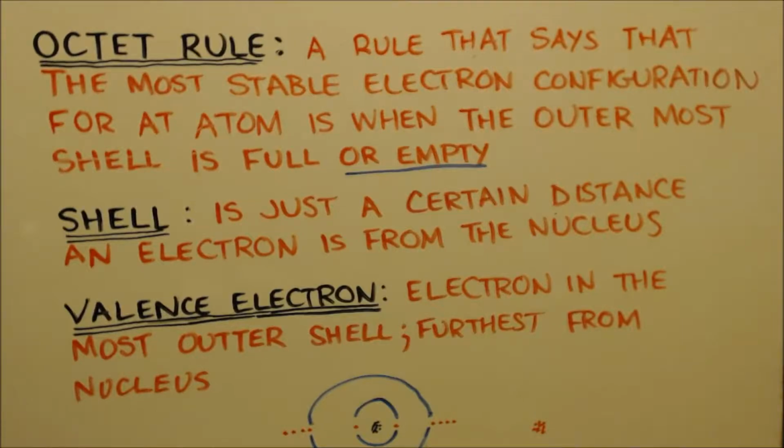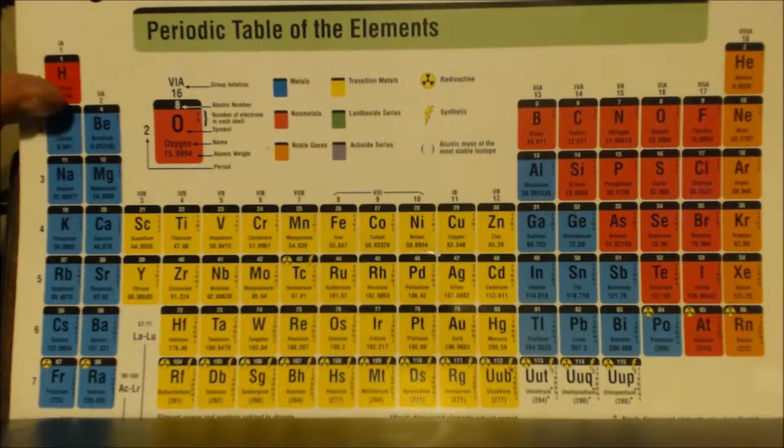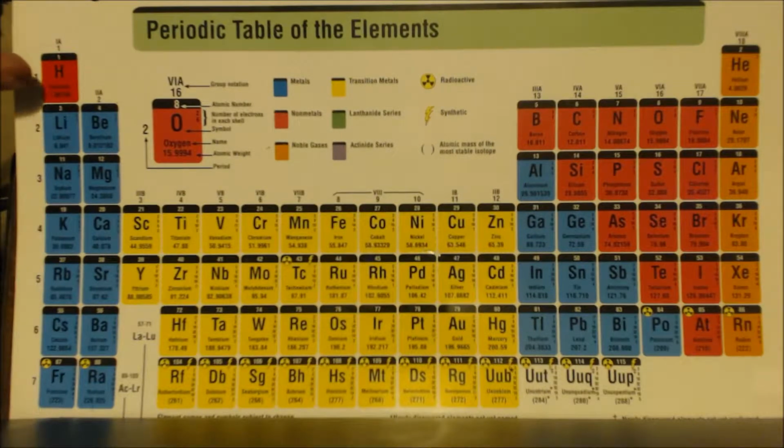They're related. Now remember how we said the left and right were the horizontal rows? Those coincide with your shells. Like this is period 1, period 2, period 3, but it's also shell 1, shell 2, and shell 3. Until you get down to the d orbitals, it's pretty much that way.